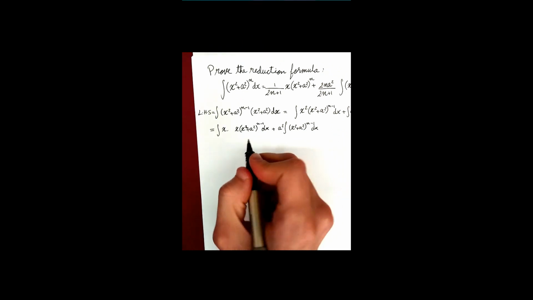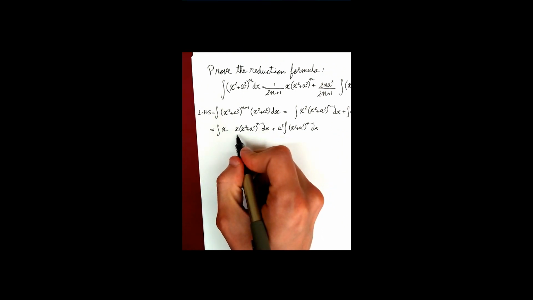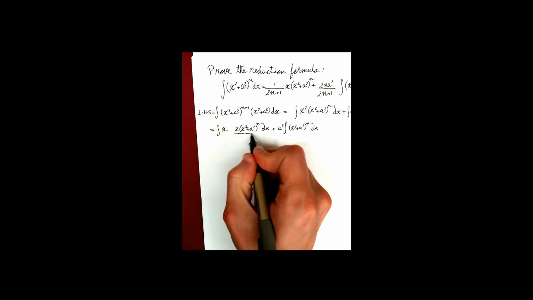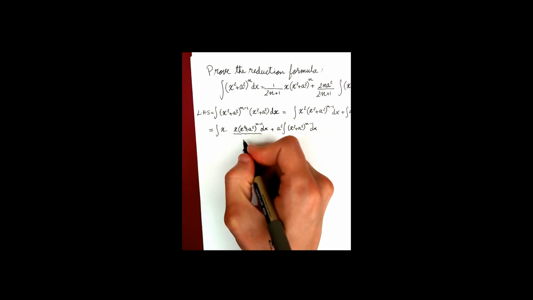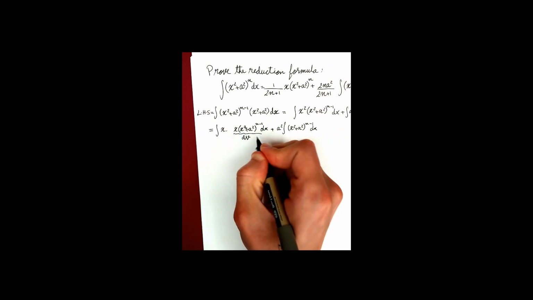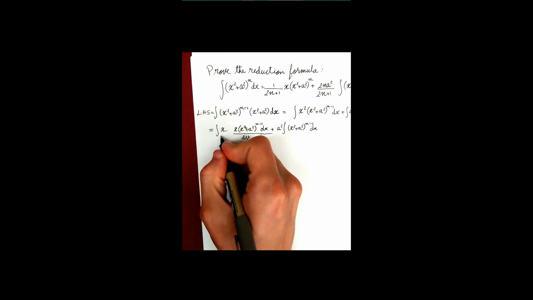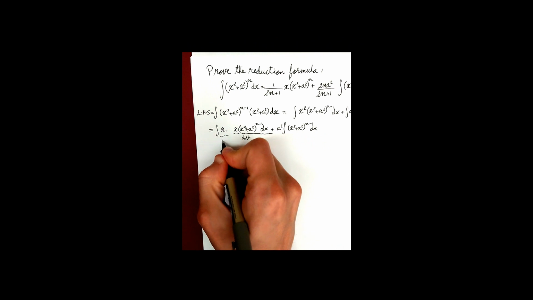So if we used integration by parts here, you can integrate this part easily, so you can call it dv, and this part will be u.